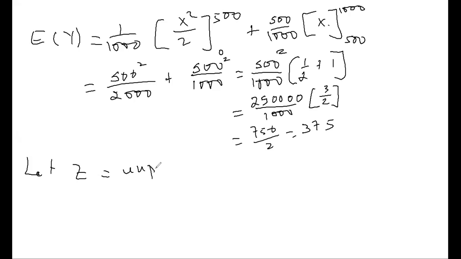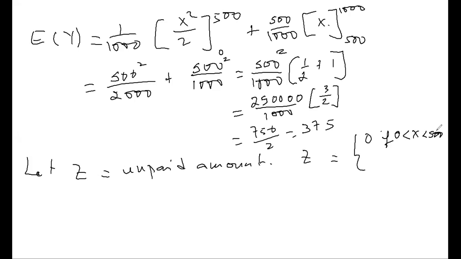Let Z be the unpaid amount. Then Z equals 0 if 0 is less than X less than 500.